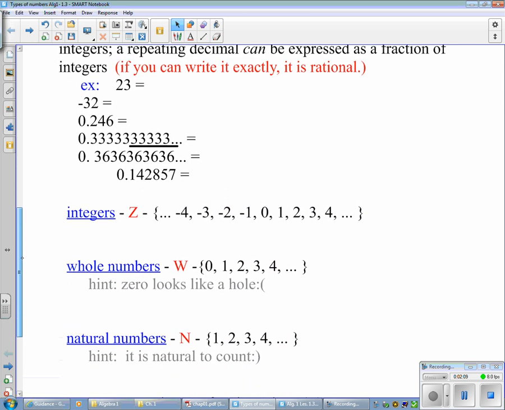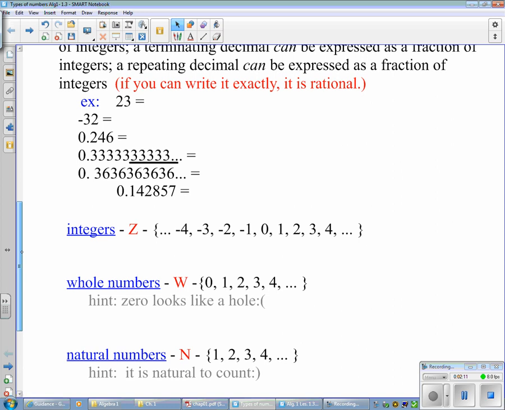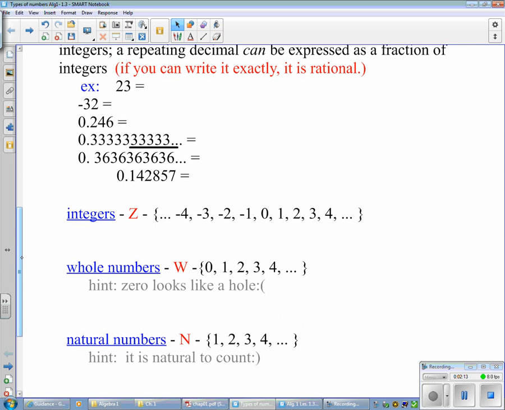Most of the numbers we work with are rational, and so they broke them up into a few more groups. The integers, denoted as Z, are basically your positive and negative whole numbers. So all your negative 4, negative 3, negative 2, negative 1, 0, 1, 2, 3, 4, all those.